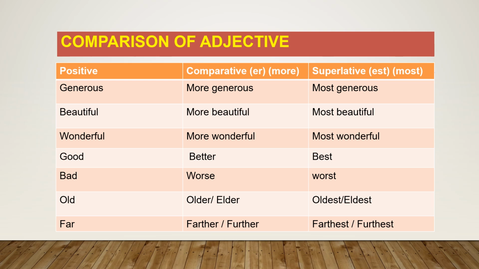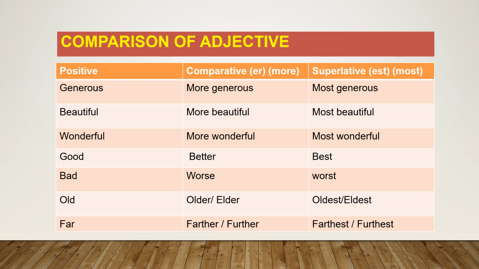Old has two forms. Older and oldest follow the rule. Elder and eldest: the change takes place in the beginning of the word, not the end. Nothing is added either at the end or as another word. No, you have a change. O becomes E.